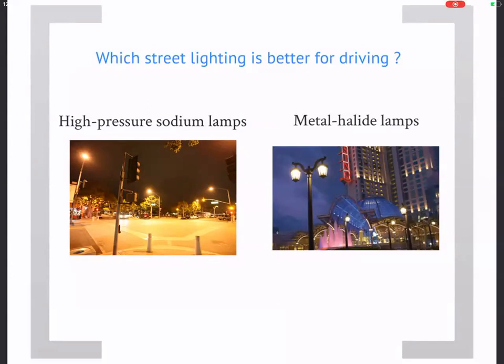I'm not going to put you in breakout rooms quite yet for this particular one, but I want you to spend about 30 seconds and think about which one is better. Then you can shout out. And of course, this is for humans, so for driving.